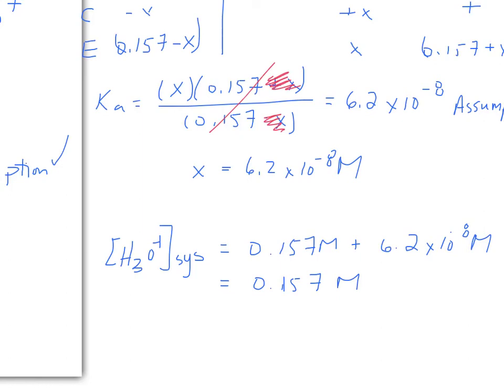This proves that only the first donation drastically affects the pH, and you only have to do one ice table calculation for the first H falling off. The pH of my phosphoric acid solution is just going to be the negative log of 0.157, which is 0.81.